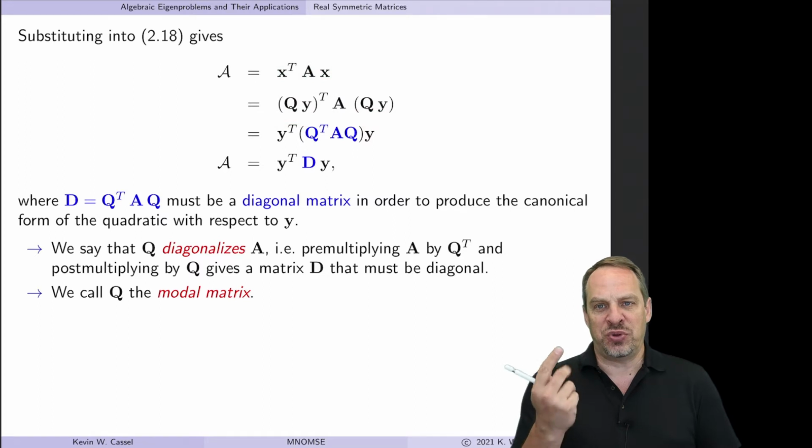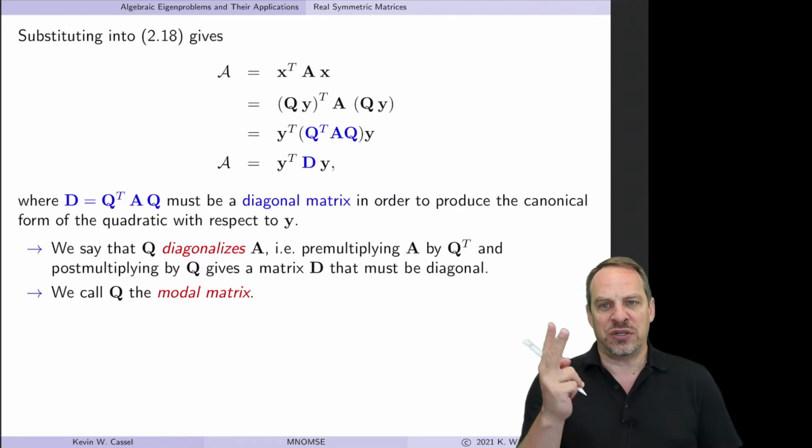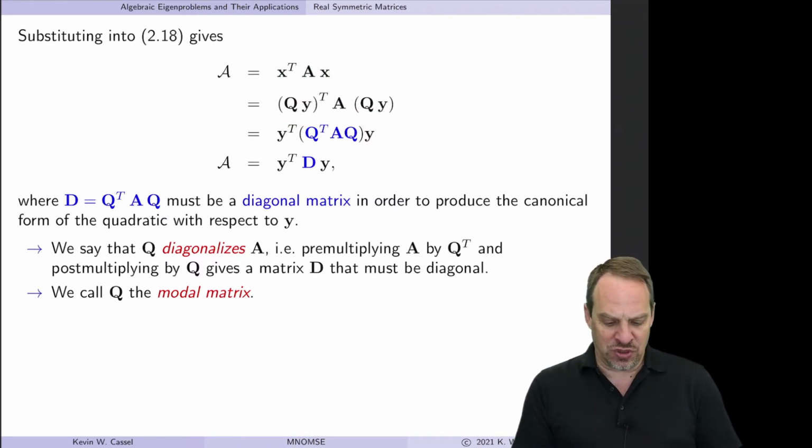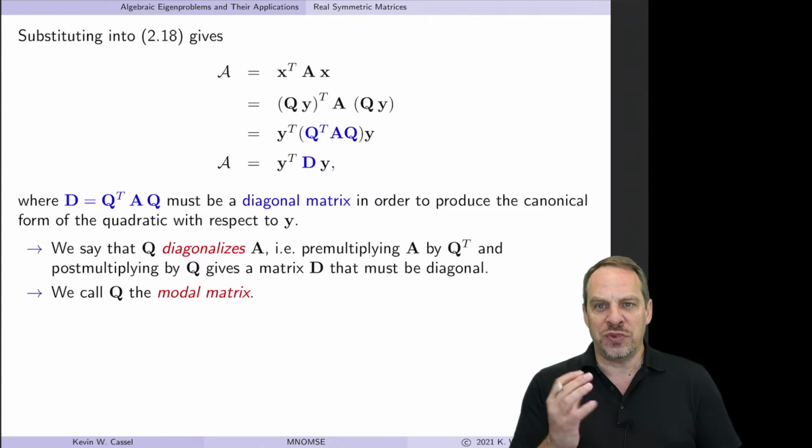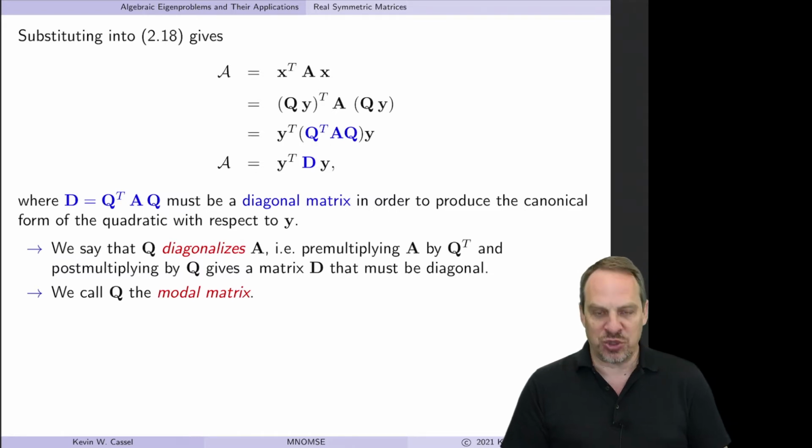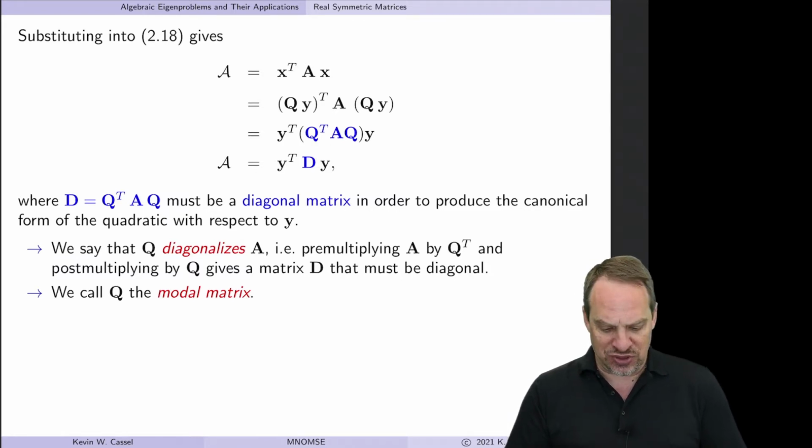Remember, the transpose of the product is the product of the transposes, but in reverse order. So the transpose of Q times y is y transpose times Q transpose. So now I have y transpose times something times y. Well, that would be a quadratic if this something in the middle is indeed an n by n matrix, which it has to be based on the sizes of these matrices.